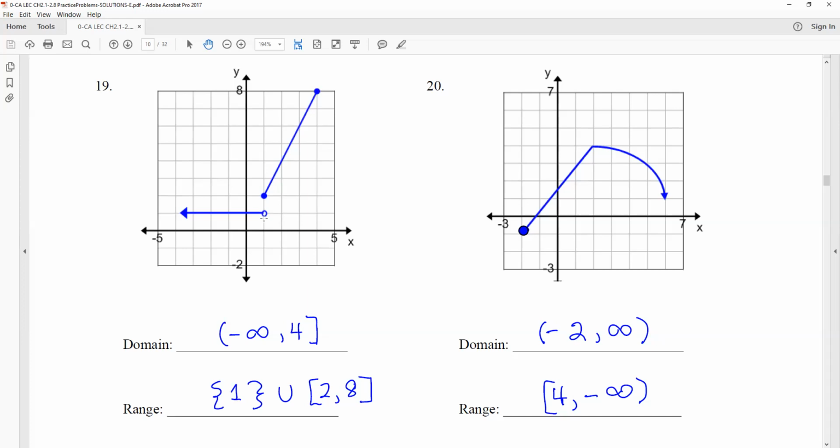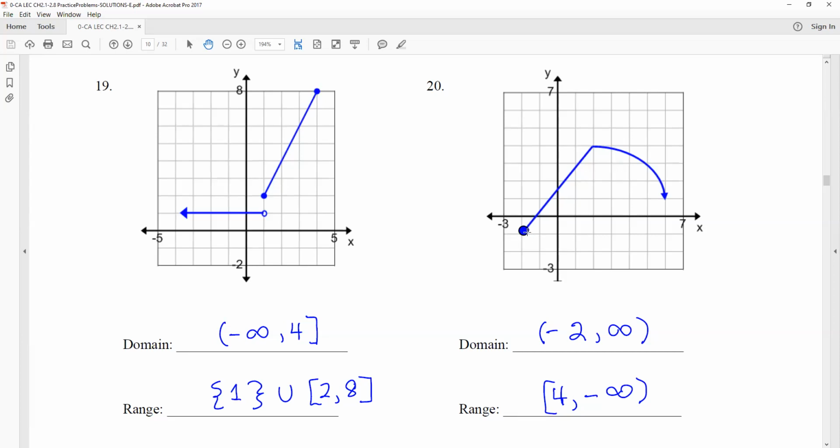For the range, we've got all the values of 1 that are contained in this line that extends to the left. So the set of 1 values union with from 2 to 4, or 2 to 8 rather, excuse me, we're going up.